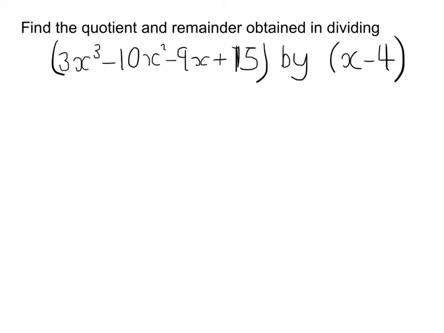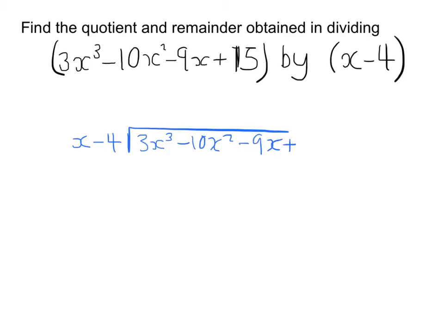Right, let's see if you got it right. So what we're doing is we're doing x minus 4 into, so we've got the smaller thing there, and that's going into 3x cubed minus 9x plus 15. So first we want to see how many x's go into 3x cubed, so it's 3x squared, so we get 3x cubed here because we're multiplying with this now, and then minus 12x squared.